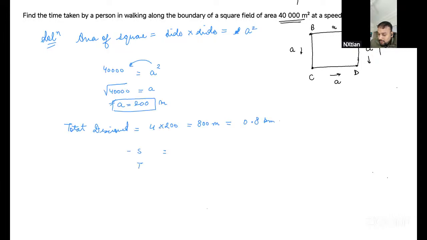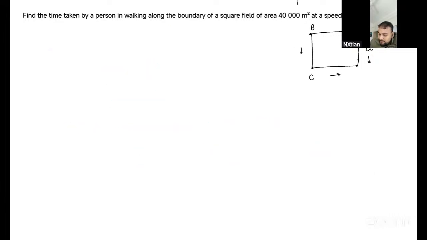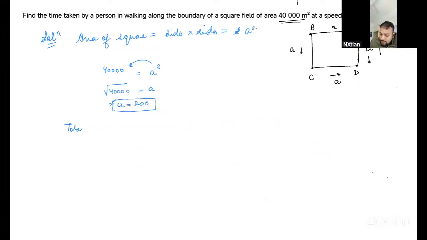I wrote the wrong formula. That's why I'm saying what mistake I did. Speed is equal to distance upon time.